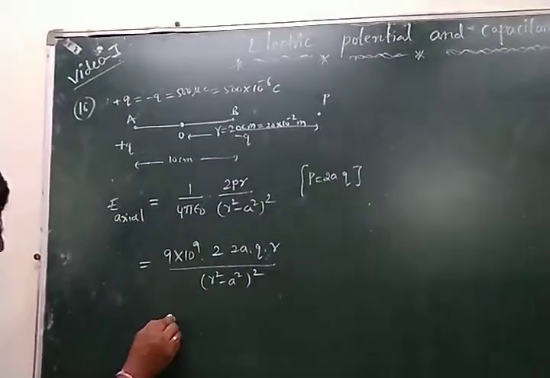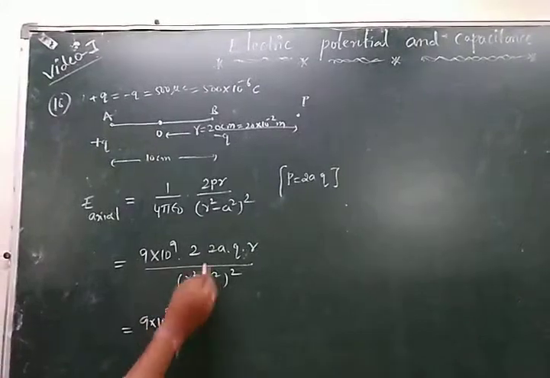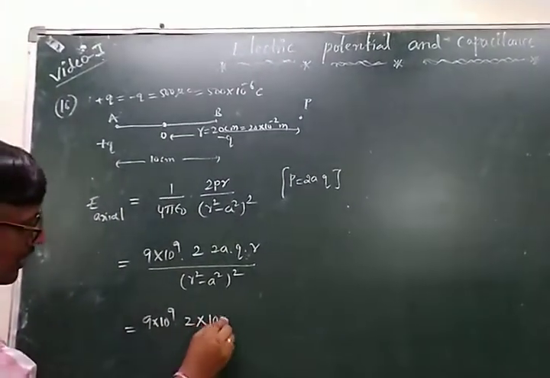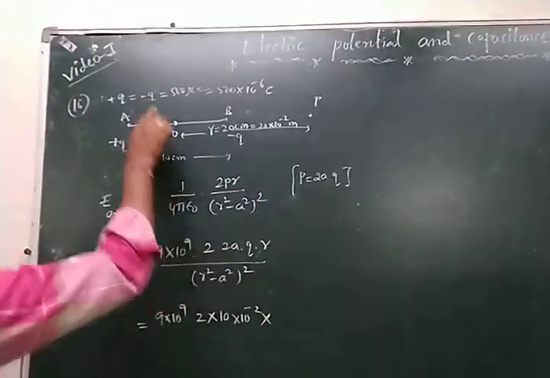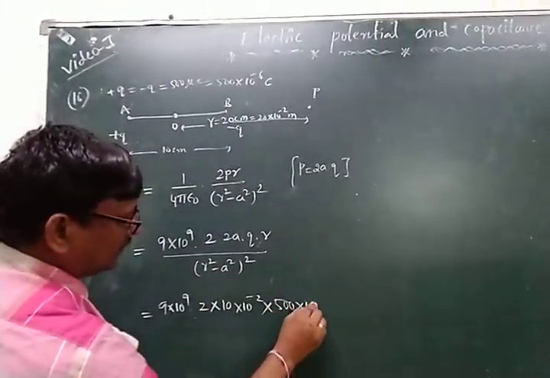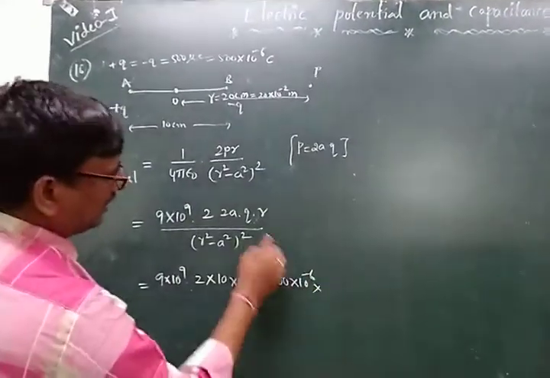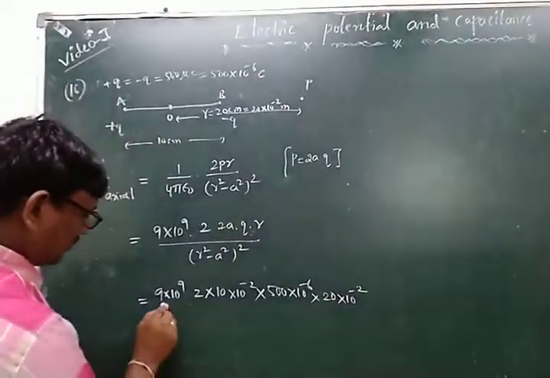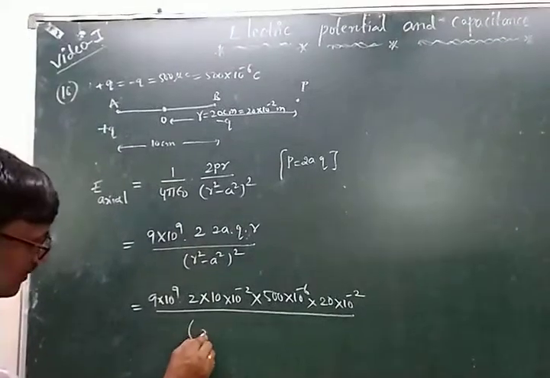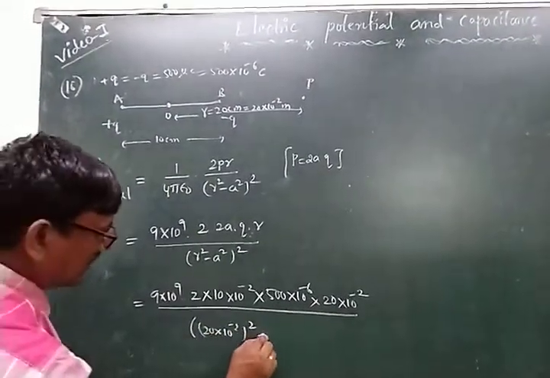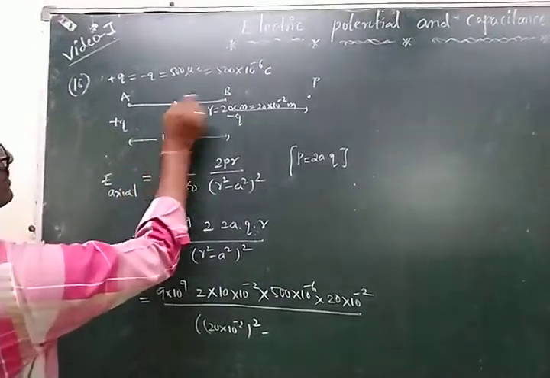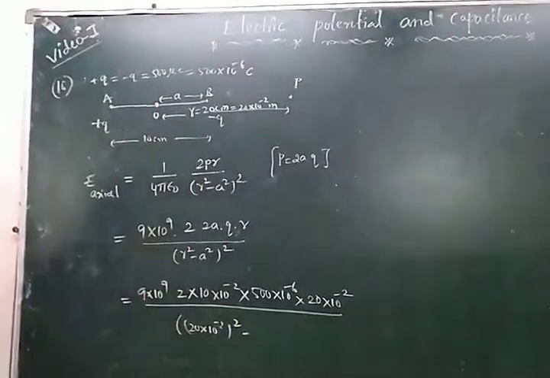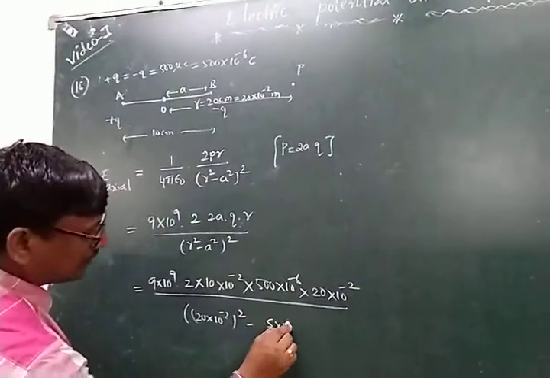Then we write 9 into 10 power of 9, into 2a, the distance of the dipole, which is 10 cm, that is 10 into 10 power of minus 2, into Q, the charge, which is 500 into 10 power of minus 6, into r, the distance from O to P, which is 20 into 10 power of minus 2, divided by r square minus a square, whole square. Here a is the distance from O to B, half of the total 10, which is 5 into 10 power of minus 2.